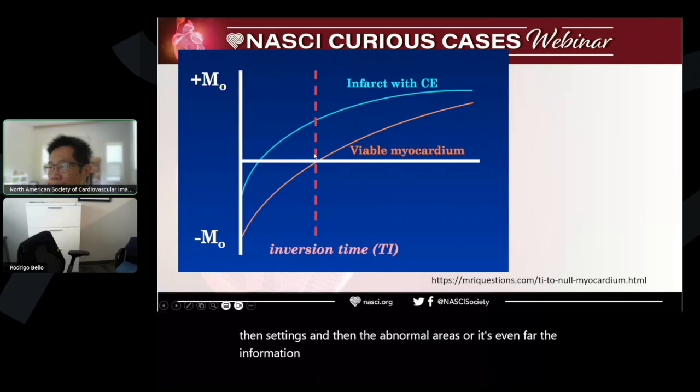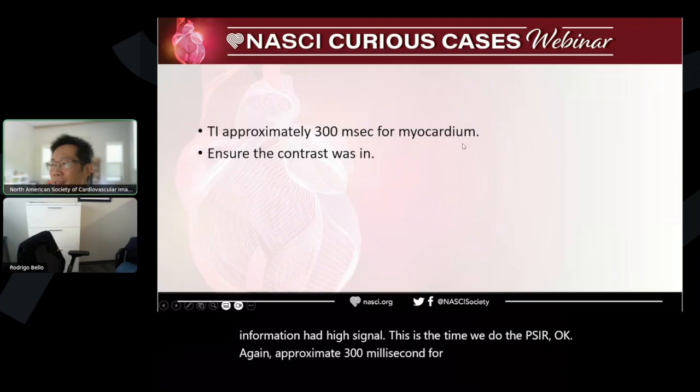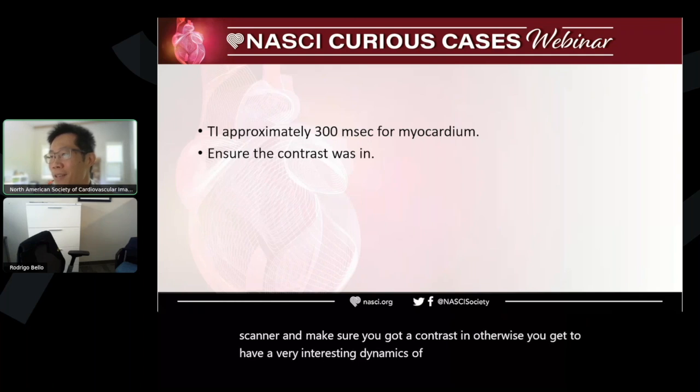This is the time we do the PSIR. So again, approximately 300 milliseconds for the TI on the 1.5 Tesla scanner, and make sure you got a contrast in. Otherwise, you're gonna have a very interesting dynamics of the kinetics of the contrast.